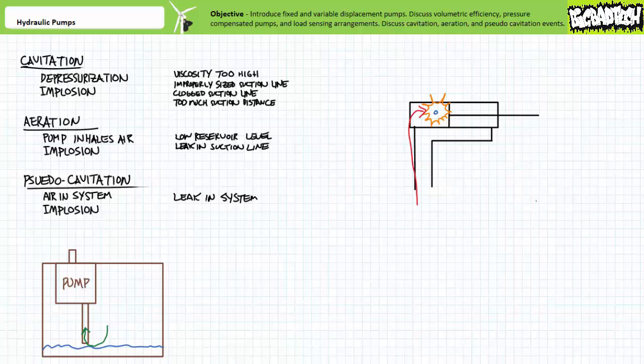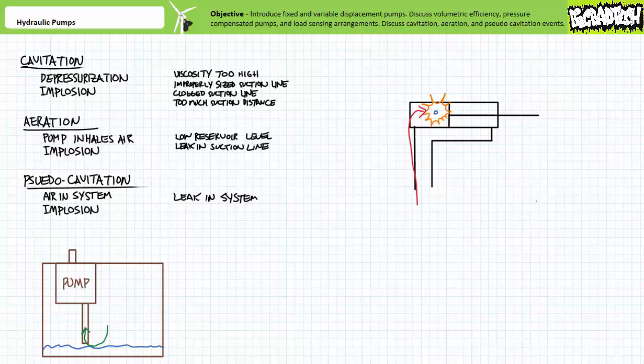Pseudo-cavitation differs from aeration in that aeration's source is air sucked in by the pump, and problems ordinarily manifest themselves around the pump, whereas pseudo-cavitation's source is air sucked in upstream of the pump, and problems manifest themselves elsewhere in the system. Sometimes you'll hear aeration and pseudo-cavitation used interchangeably, but there really is a difference despite the same damaging results.